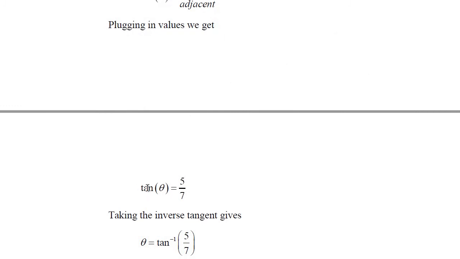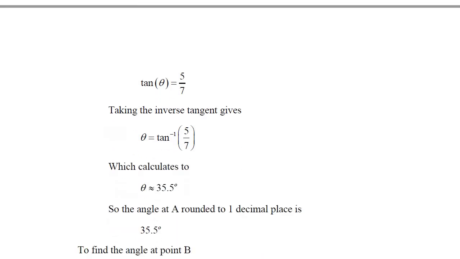That ends up giving me tangent of theta, tangent of that angle, is 5 over 7. Now, to find out what that angle is, we're going to have to take the inverse tangent. So that means theta is equal to the inverse tangent of 5/7. So that ends up calculating to approximately an angle of 35.5 degrees. And that's the angle, rounded to 1 decimal point, is 35.5 degrees.